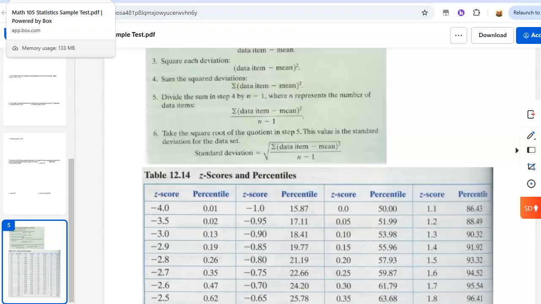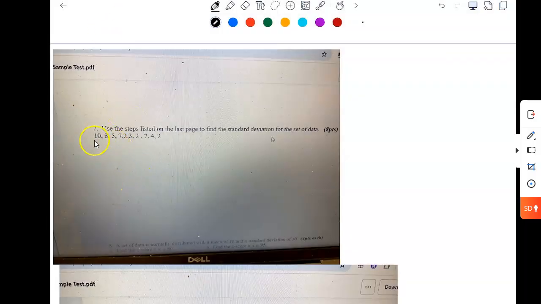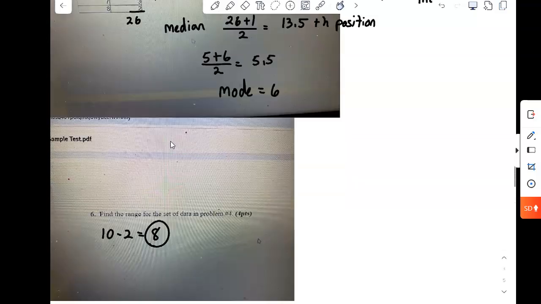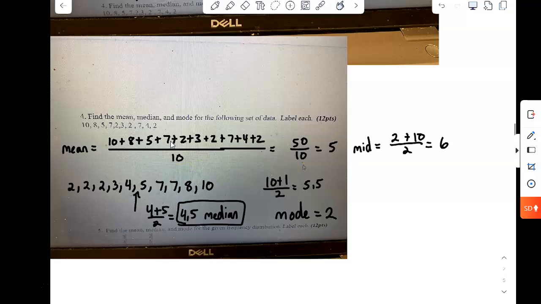Okay, so let's take a look at this set of data here. 10, 8, 5, 7, 3, 7, 2, 3, 2, 7, 4, 2. This is actually just the same data from problem number 4.